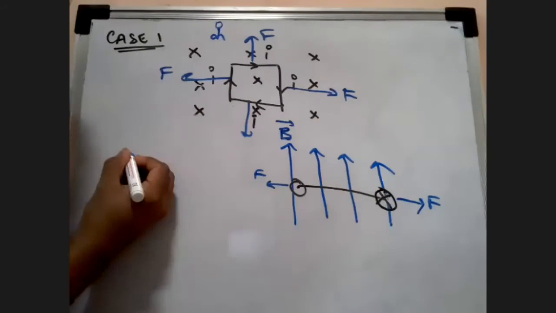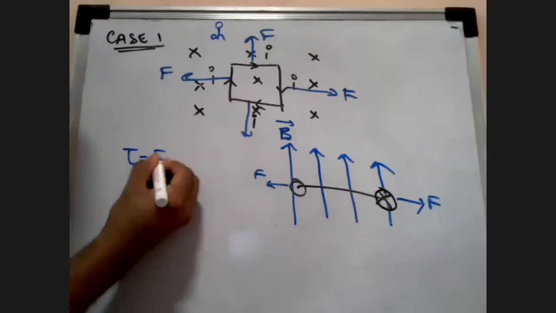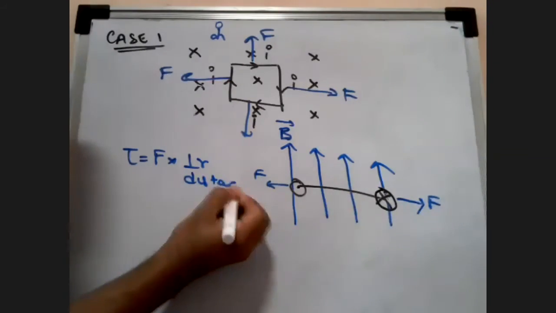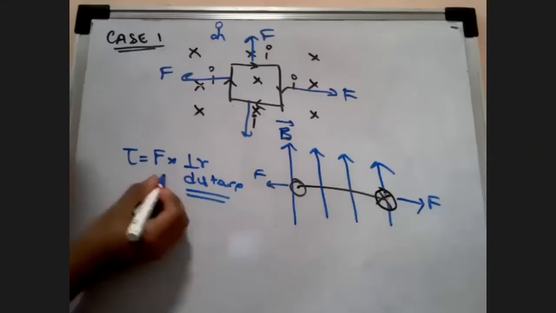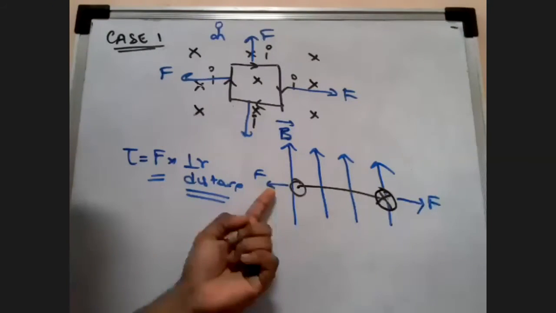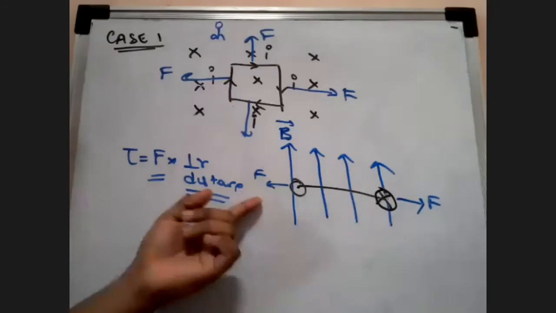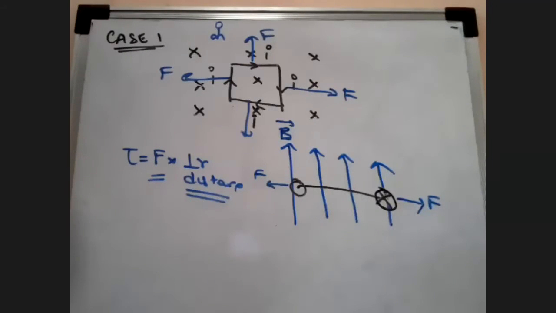So students, look here. Torque is basically what? Force into perpendicular distance. But perpendicular distance to what, students? To the force. Is there any perpendicular distance to the force here? Can you see a perpendicular distance anywhere?